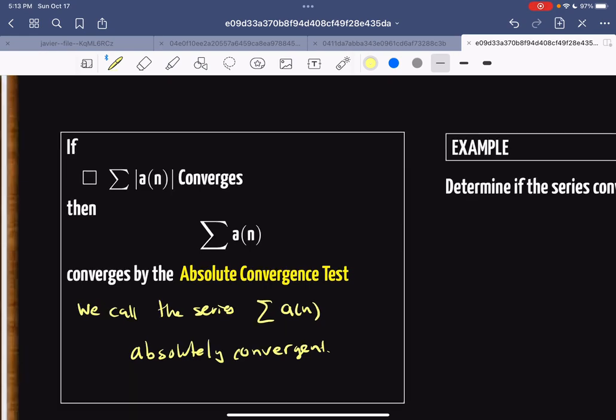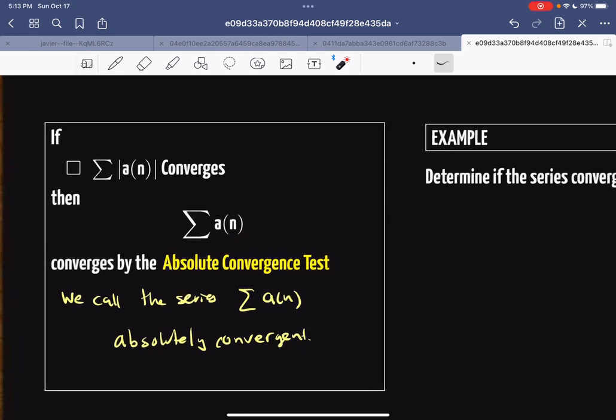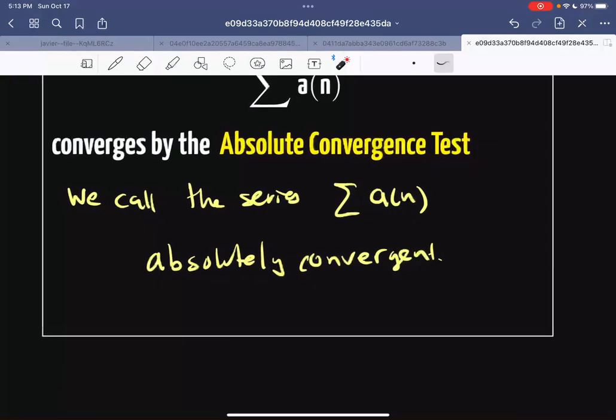But if this one diverges, but this one converges, in other words, this test failed, then we will call this one conditionally convergent. Okay, we'll get to that later. Or we can try it right now.